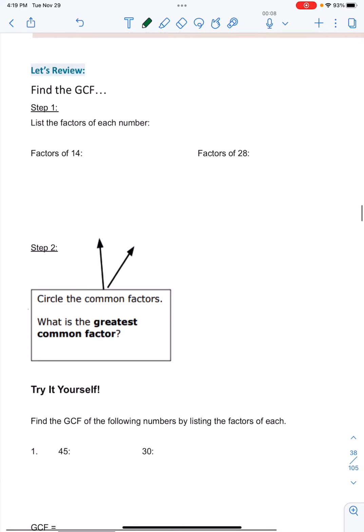So let's review. To find the greatest common factor, the first thing we do is list the factors of each number. So the factors of 14 would be 1 and 14, 2 and 7, and that would be all. Remember, in our calculators, we write 1 and 14, then we use our calculators and divide 14 by 2, and keep going.